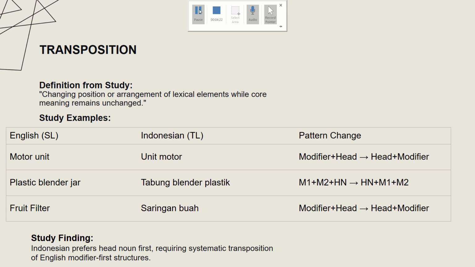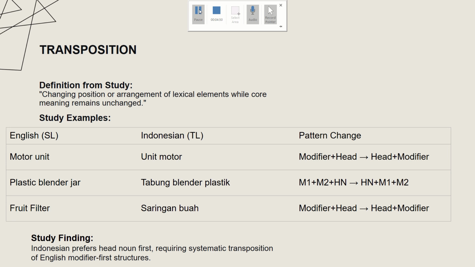Okay, transposition examples. Transposition is defined as changing the position or arrangement of lexical elements while the core meaning remains unchanged. For example, motor unit becomes unit motor, shifting from modifier-head to head-modifier order.